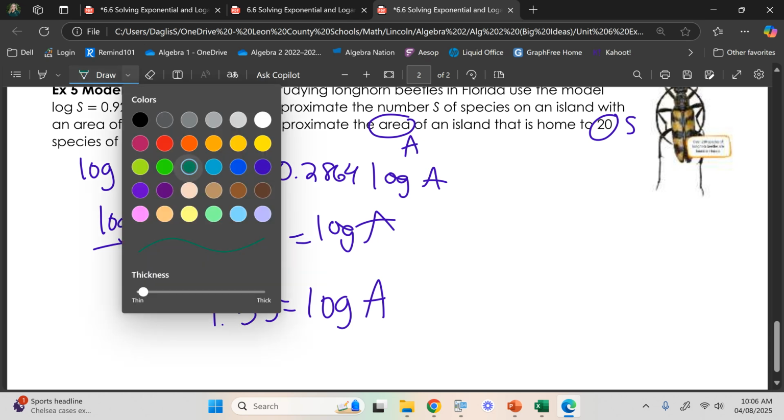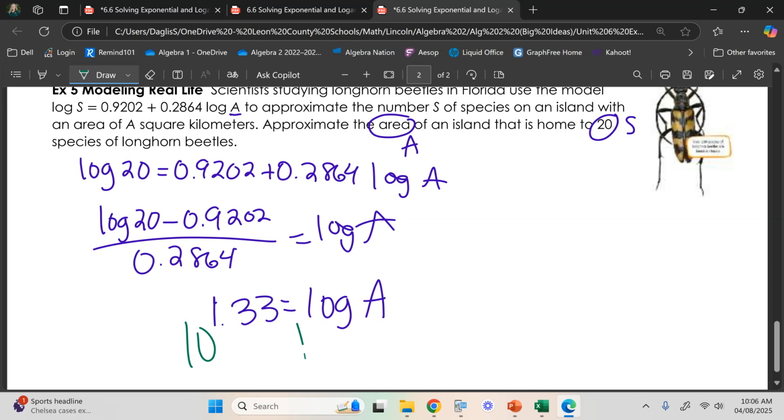So base of 10 to both sides. So we get 10 raised to 1.33, which is about what? 21 point what? 36.